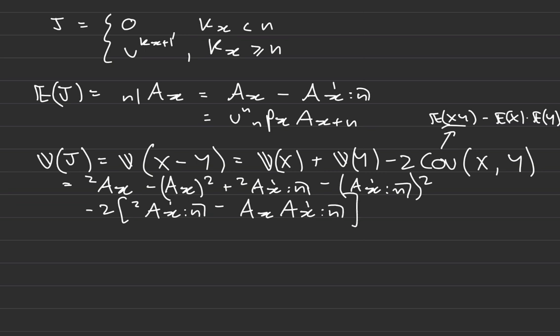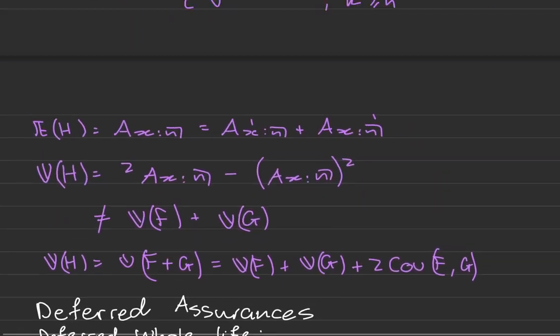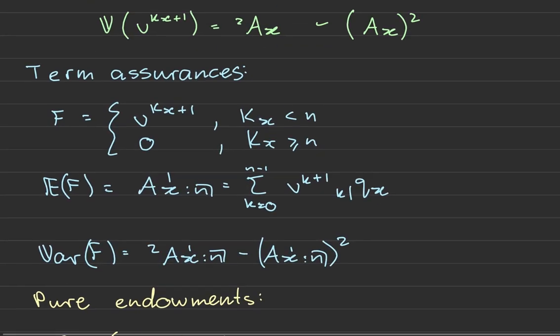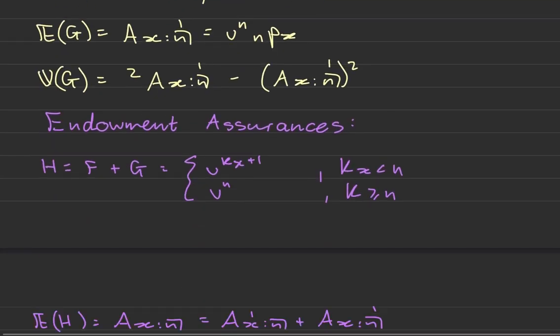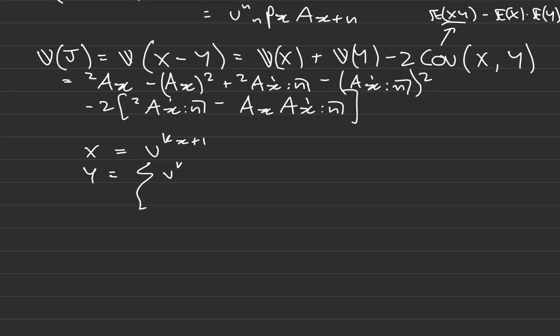n, and now let me explain how I got this here. The random variable X is going to be v to the Kx plus 1, given that they die at any point. And now Y was the term assurance present value random variable, which comes from here. So it's going to be equal to v to the Kx plus 1 when Kx is less than n, and 0 when Kx is greater than or equal to n.